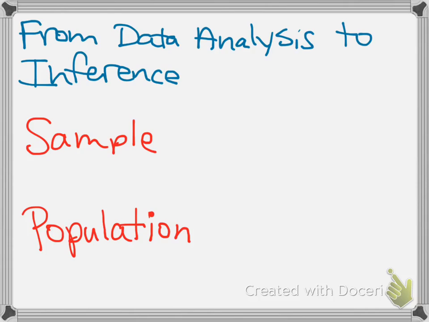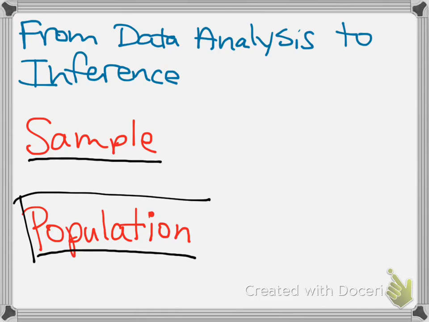What this means is that if you're doing inference, you're taking data from a sample of people, because a lot of times it's not practical to take data from a population. So what does that mean? Well, a sample is just what it sounds like. It is a small select portion of your entire population.